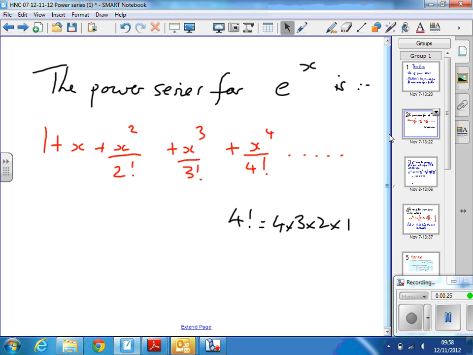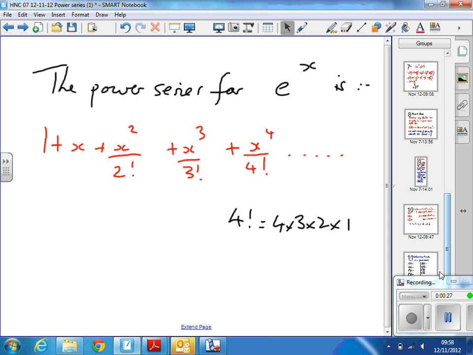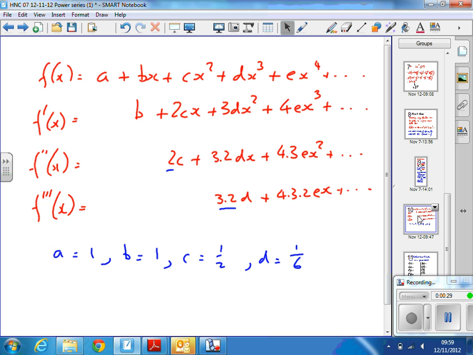Now, if we look at what we've been doing, and I've written them out while you were at the break, we can maybe see the pattern. Look. We take this function, the general function, a plus bx plus cx squared, and so on. And what we've been trying to do is find the values of a and b and c. We differentiate it, and that means the a disappears, so we're just left with this.